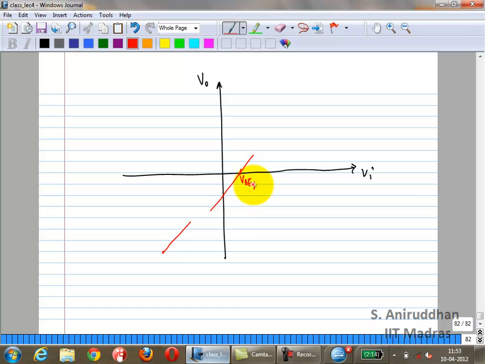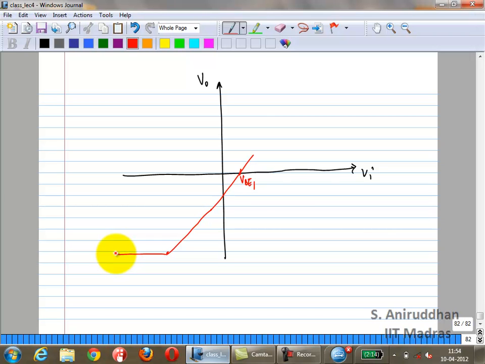Because when Vi is 0, correct? What happens then? Of course, if you decrease Vi below that, it flattens out. You cannot go below that, right?